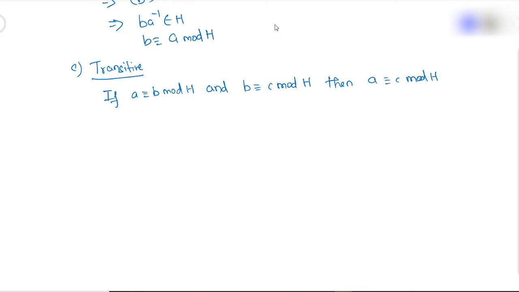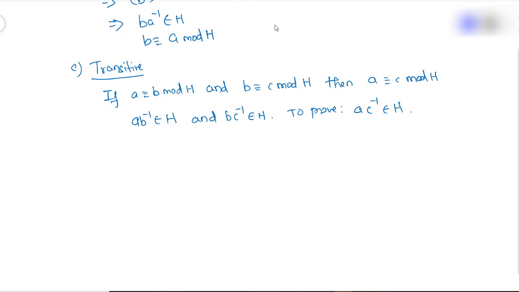Since a is congruent to b mod H, we can write ab inverse belongs to H, and bc inverse belongs to H. Now we need to prove ac inverse belongs to H.